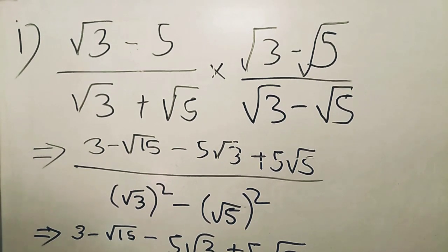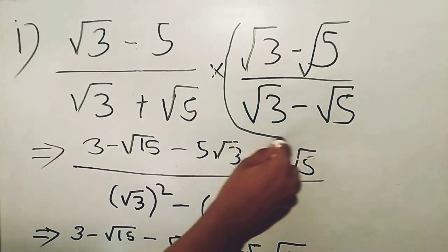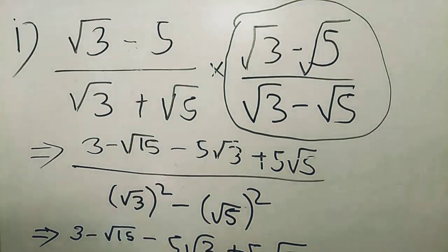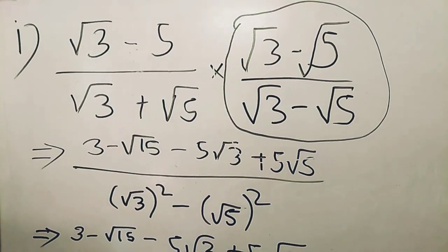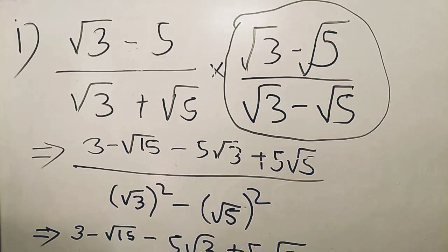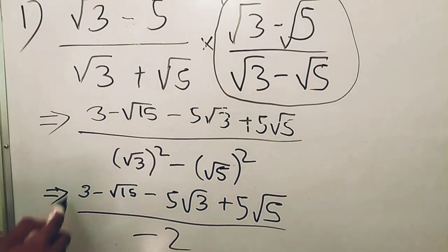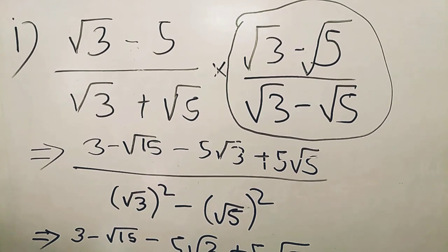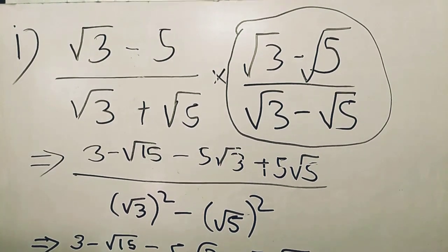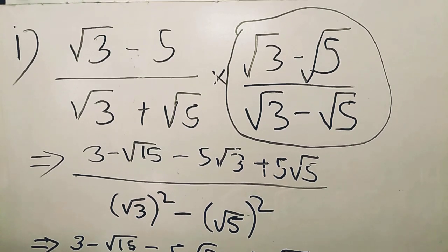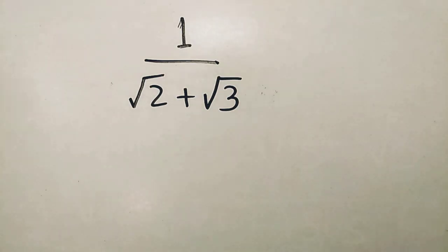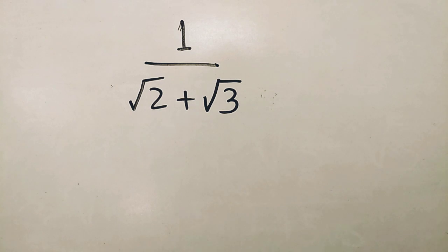Here we multiplied by root 3 minus 5 upon root 3 minus 5, by which we get a rational number, which is minus 2. So root 3 minus 5 is the rationalizing factor of root 3 plus 5. Can you now tell me the rationalizing factor of this number?